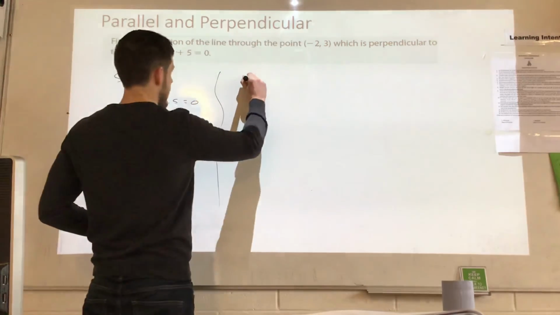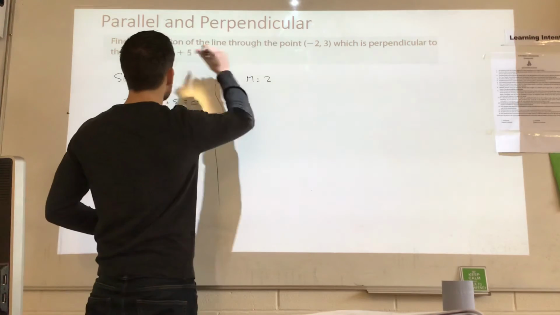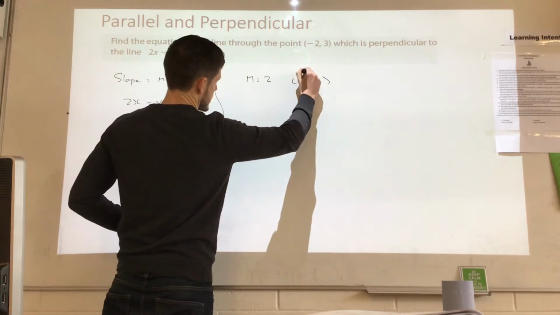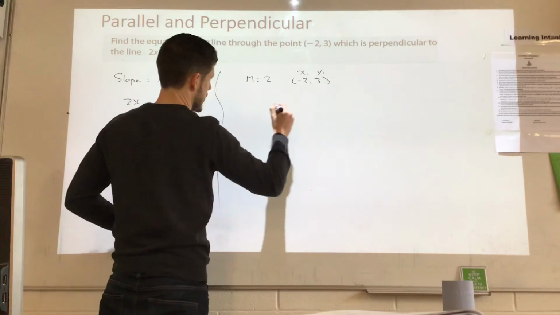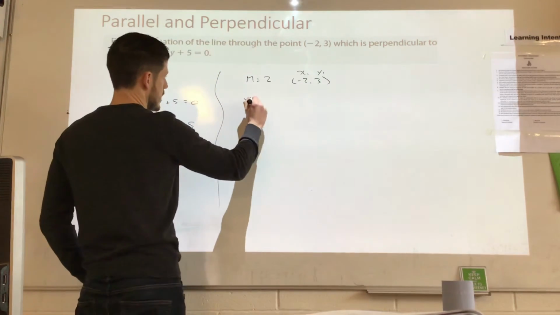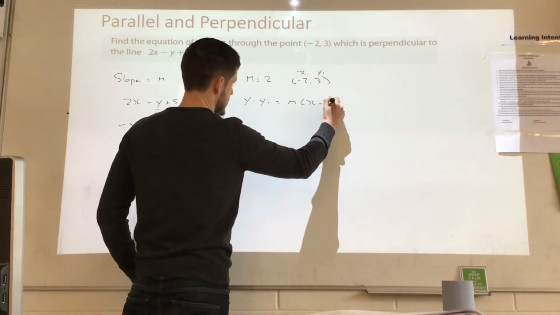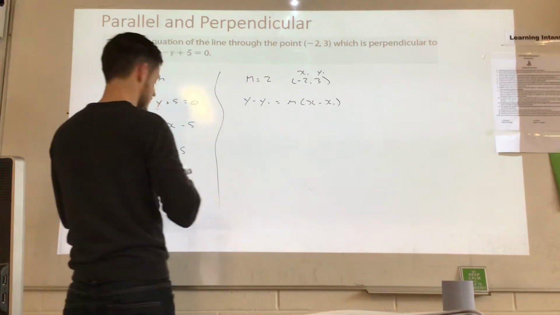So I've got m is equal to 2, and I've got a point, and the point is minus 2 and 3, which is x1, y1. So now I can do y minus y1 is equal to m times x minus x1.